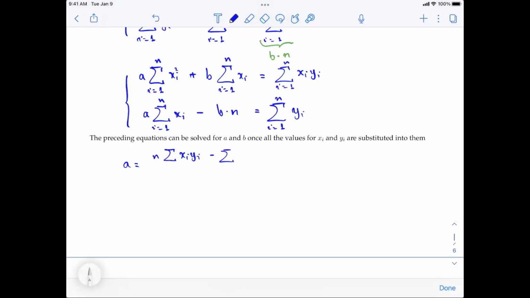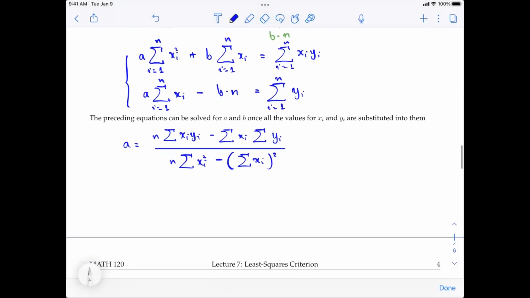This is minus the summation of x_i times the summation of y_i, divided by n times the summation of x_i squared minus the summation of x_i altogether squared. And a in this case is the slope.